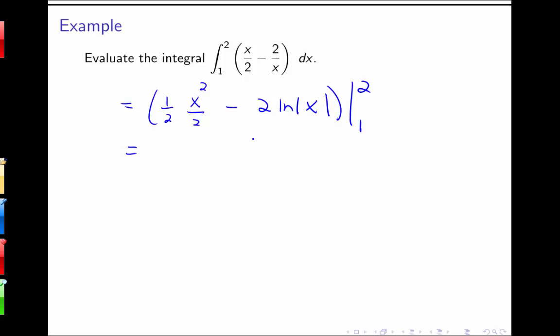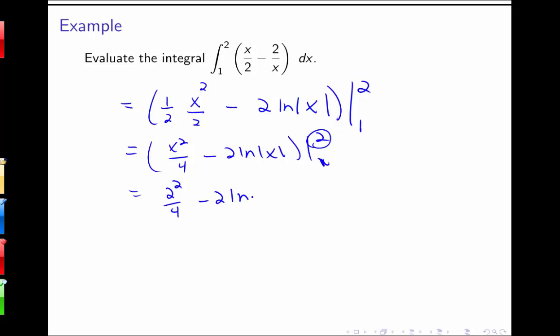Okay. So let's see, this is going to be x squared over 4 minus 2 ln absolute value of x from 1 to 2. So I need to plug in that upper limit of 2 first. So I've got 2 squared over 4 minus 2 ln 2 minus 1 squared over 4 minus 2 natural log of 1.